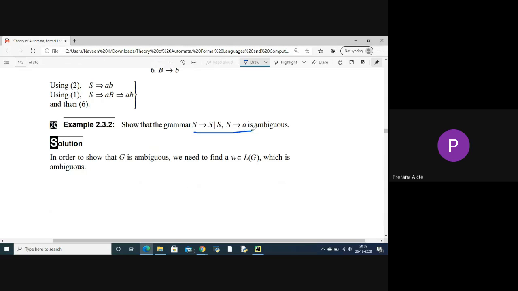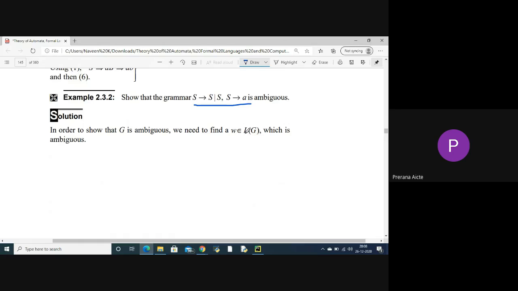Here, show that the grammar S tends to S bar S or S tends to A is ambiguous. Okay, we'll show it now. So first, S tends to S slash S. Now I will replace this S with again S slash S. Again this is replaced by small a. It is small a. It is small a.